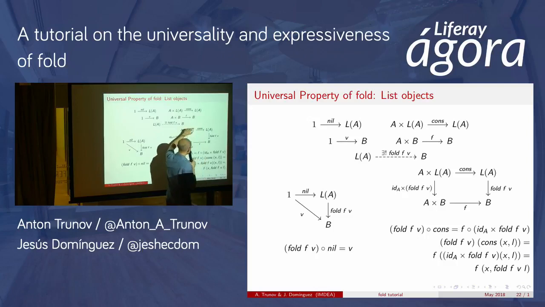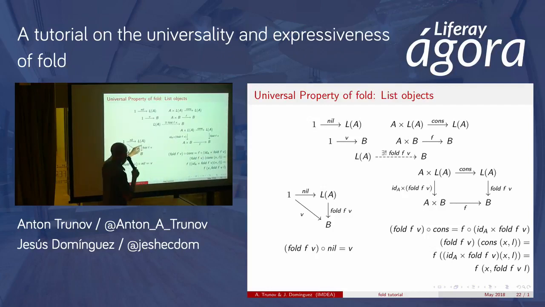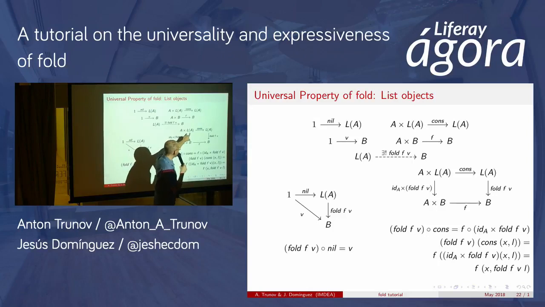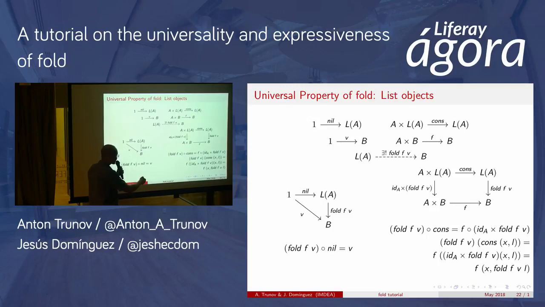It is similar. Ignore for the moment this thing. I just want to focus on this part only. So it's saying that if you apply cons followed by fold, it will be equal to applying this followed by f.